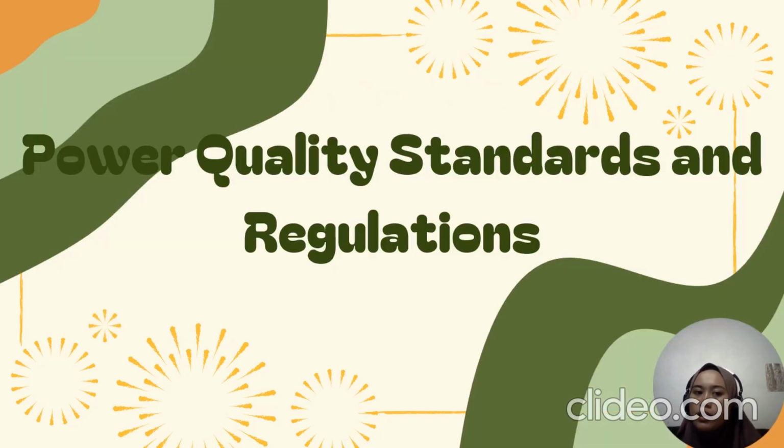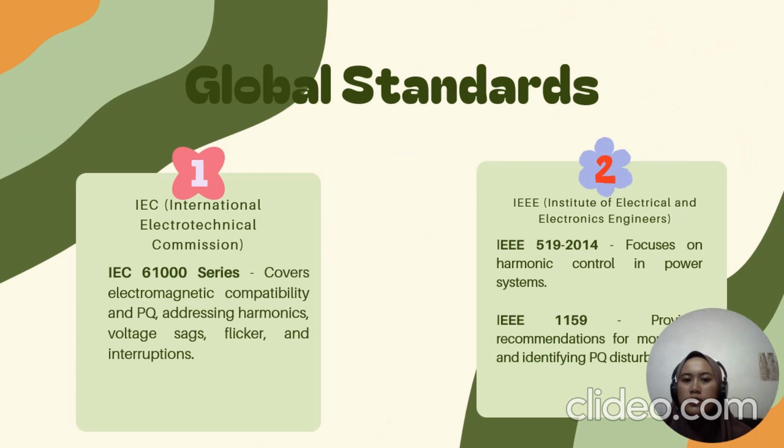So, for power quality standards and regulations, first the global standards. First, IEC, International Electrotechnical Commission, IEC 61000 series. It covers electromagnetic compatibility and PQ, addressing harmonics, voltage sags, flicker, and interruptions.